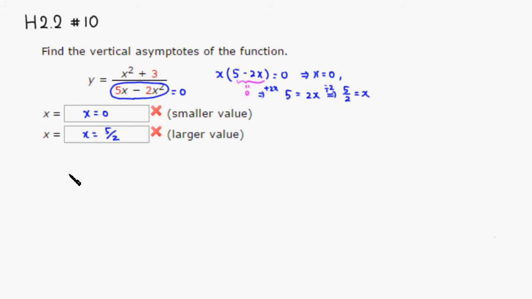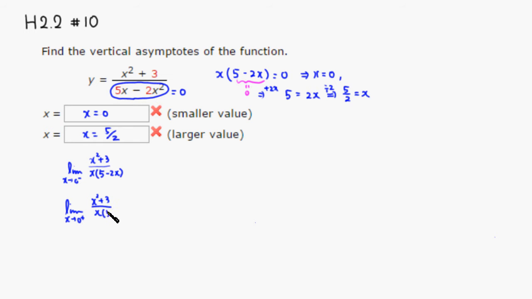So we look at the limit of this function, x squared plus 3 over the factored version of the denominator. First we look at the behavior around 0: x approaches 0 from the negative side, and also the limit as x approaches 0 from the positive side, and see what value we get.